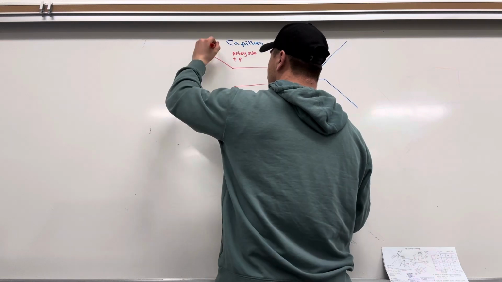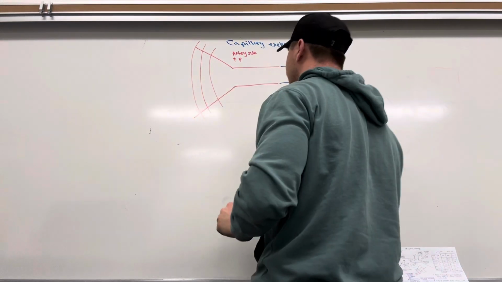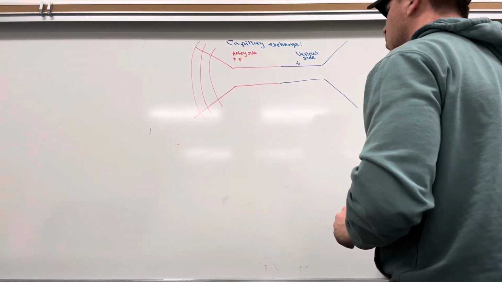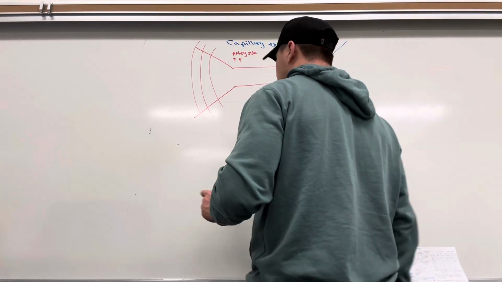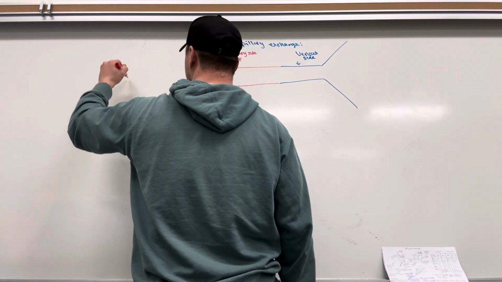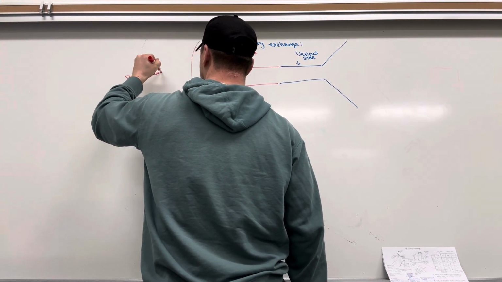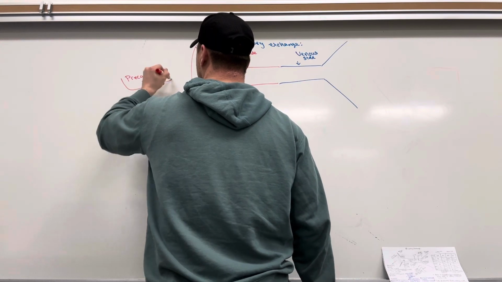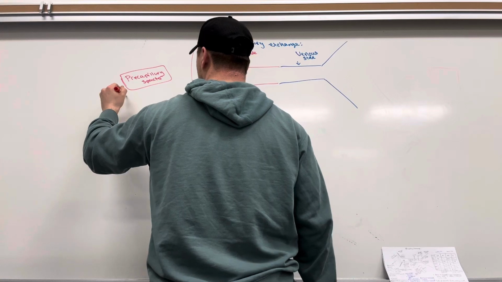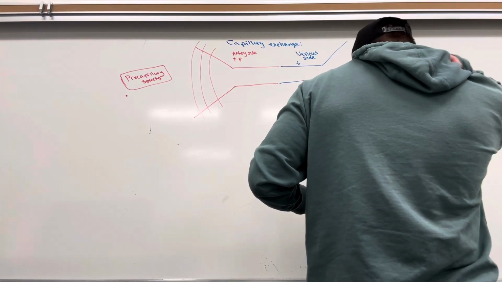So we also know that we have these muscles here, okay? This is called a precapillary sphincter. And what's important about this precapillary sphincter is it's a smooth muscle.